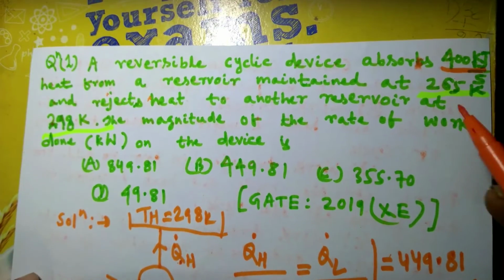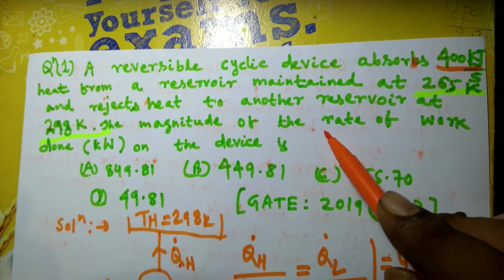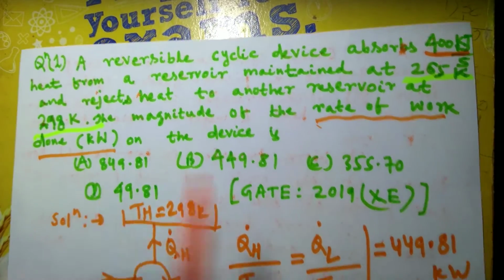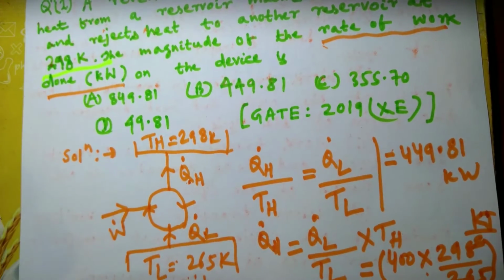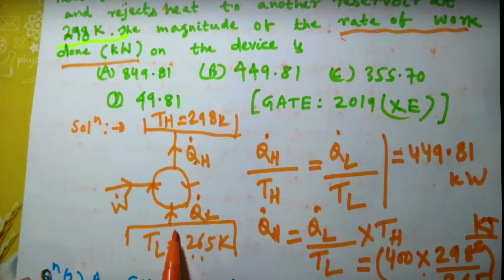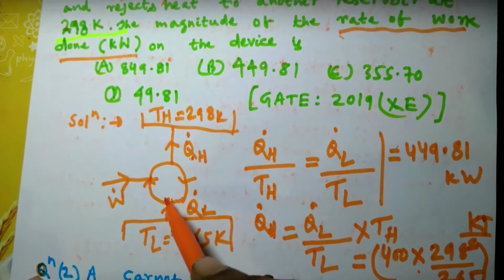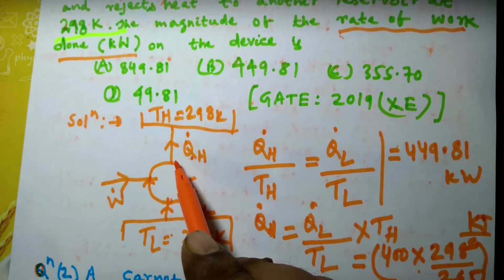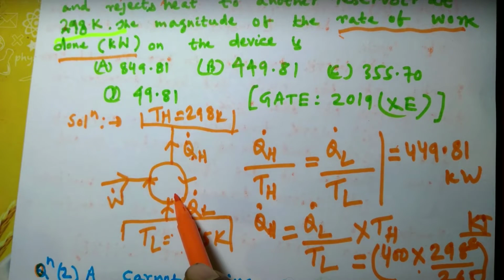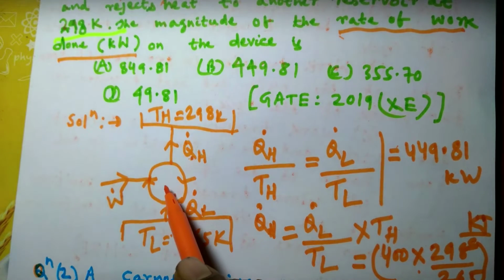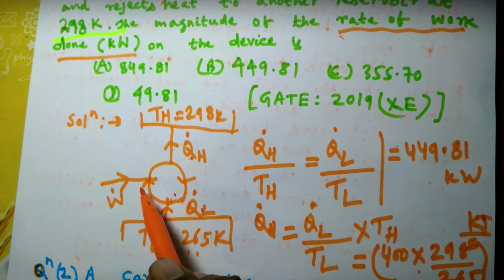But what is required to be found out is magnitude of the rate of work done. By applying principle of energy balance to this cyclic device, we know that total summation of energy entering into the device during this cyclic process is equal to summation of energy leaving the device.